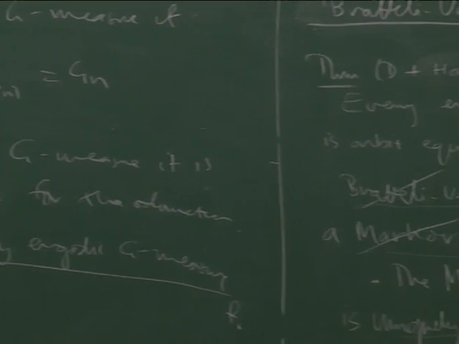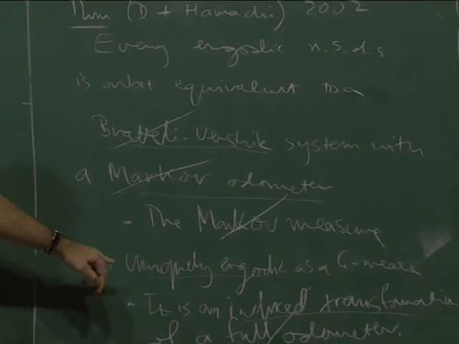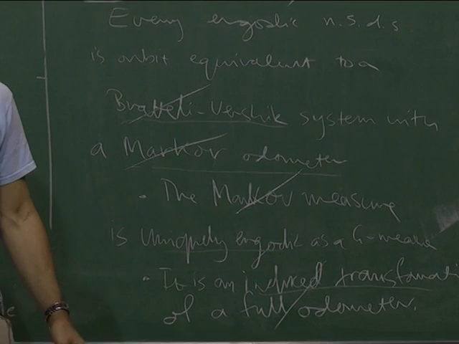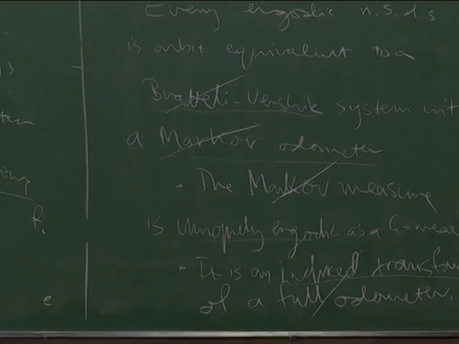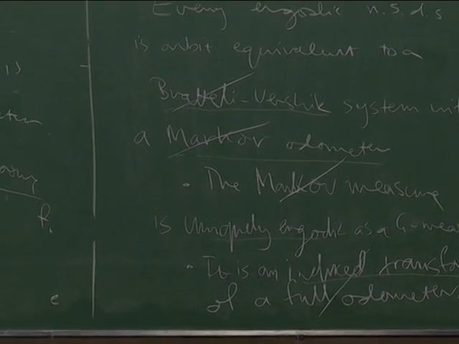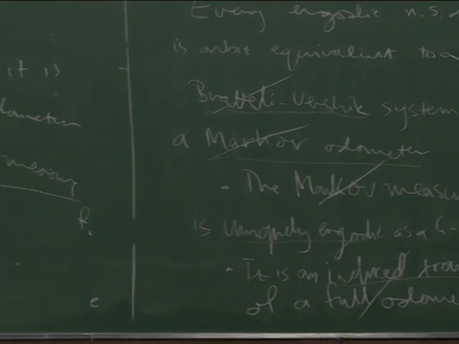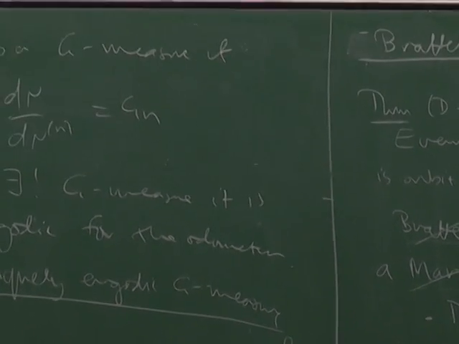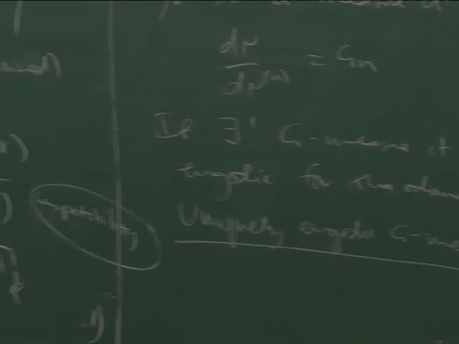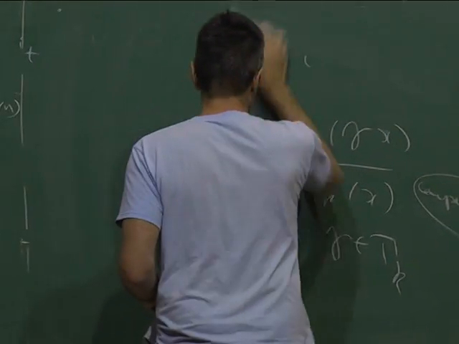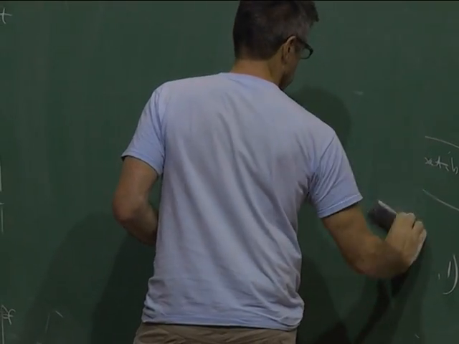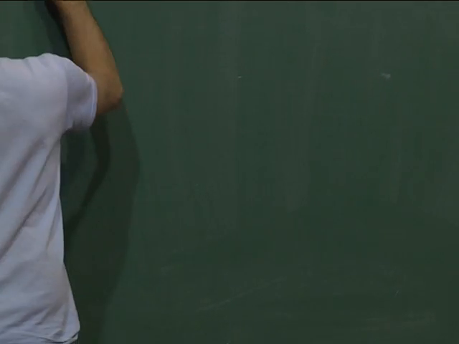And now I think in the interest of time, I'm not going to quite describe to you what uniquely ergodic as a G measure is, but I think it's fairly clear. Maybe I should write down first what is the measure of an infinite sequence.